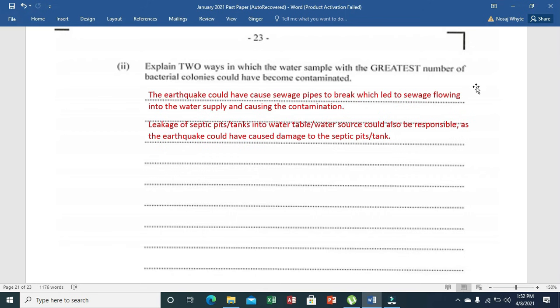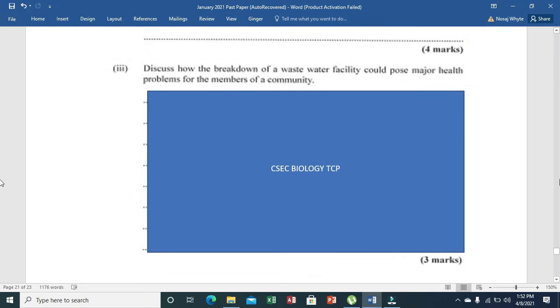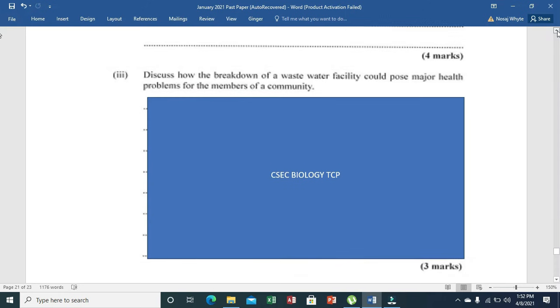So that moving of the earth crust and that shaking could have damaged the infrastructure and caused a leak, and of course the bacterial accumulation in A, to have had this plate with more bacterial colonies.